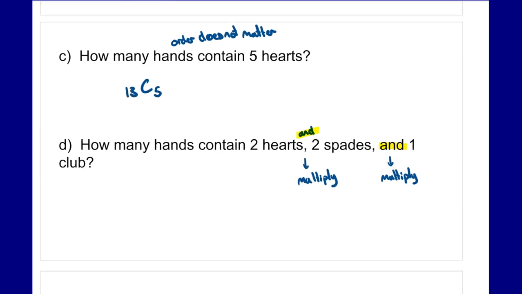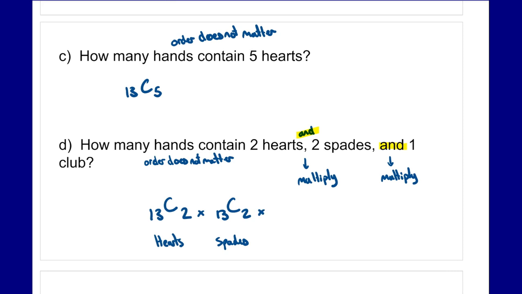So we look at our hearts. 2 hearts. How many ways can we have 2 hearts? Well, not 12. I have 13 hearts. I'm going to choose 2 of them. Because again, we're talking about hands, so order does not matter. So 13 choose 2 for our hearts. Multiply by 2 spades. 13 spades, choosing 2 of them.